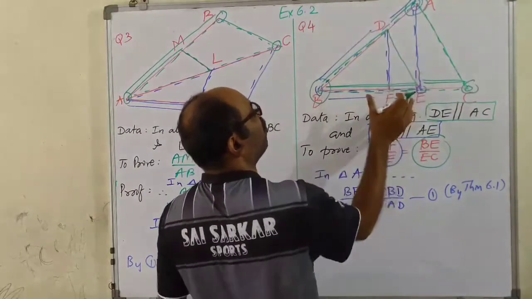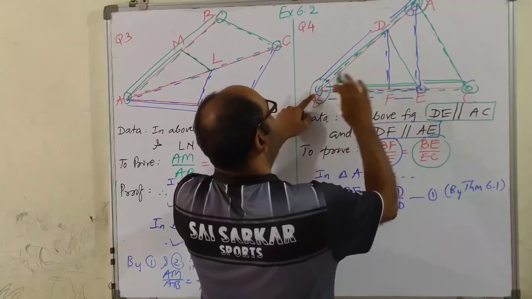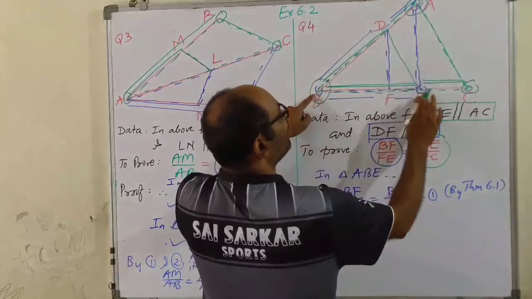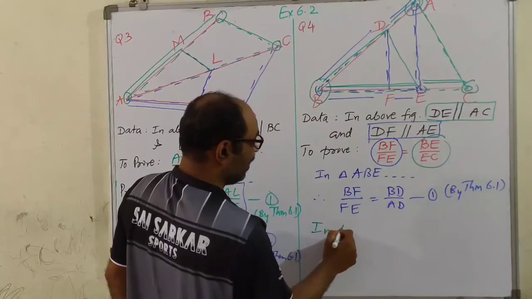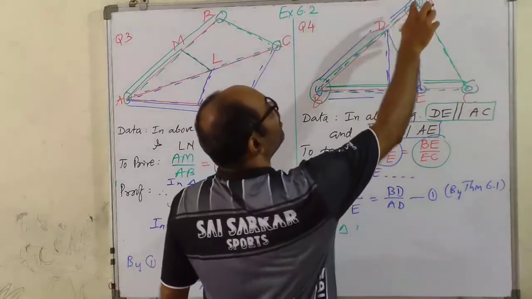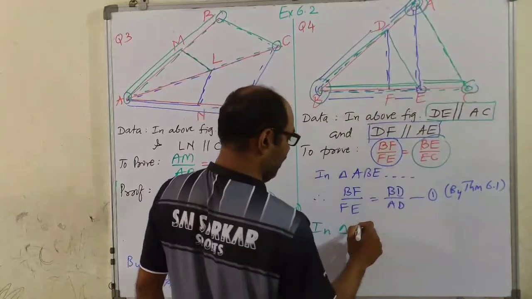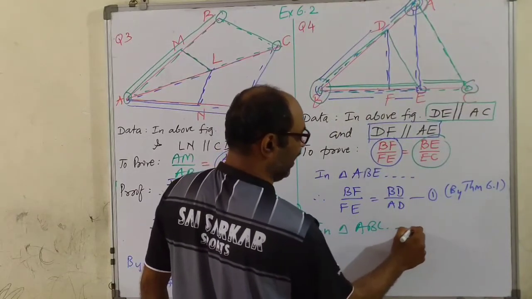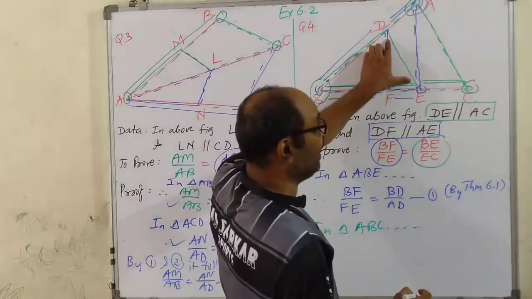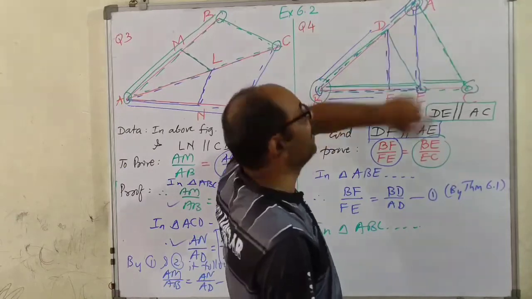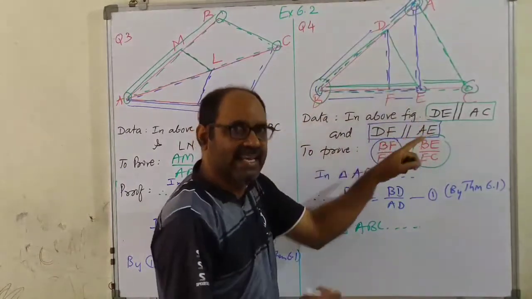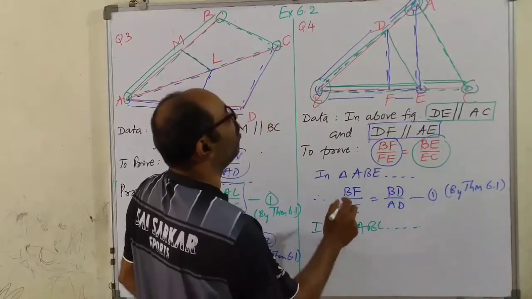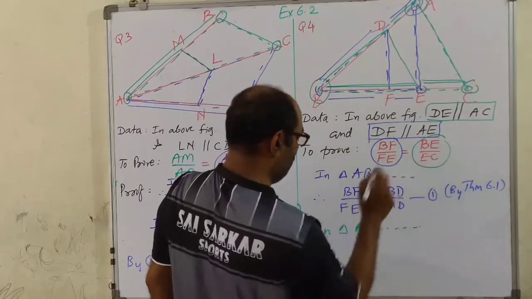BE upon EC is equal to BD upon AD. Green triangle को देखो. BE यहाँ green में BD है. EC यहाँ green में DA है. So in triangle ABC, DE is parallel to AC and it intersects AB and BC respectively in point D and E. Therefore, कौन सा लेने वाला है?